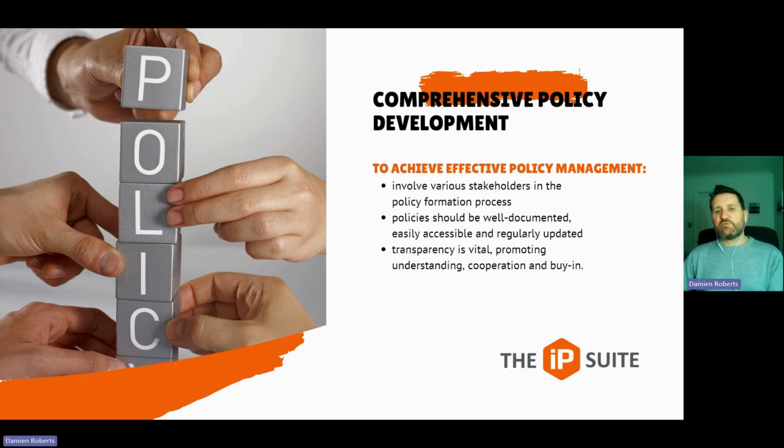This inclusive approach ensures that policies reflect the diverse needs and perspectives of the entire school community. The policies should be well documented, easily accessible, and regularly updated to reflect changes in educational standards, legal requirements, or emerging challenges. Transparency is vital in policy development as it promotes understanding, cooperation, and buy-in from all involved parties.